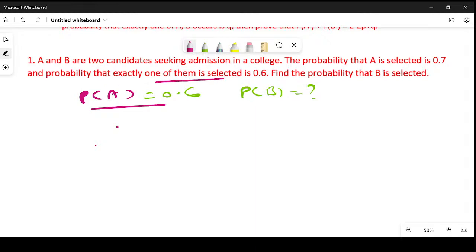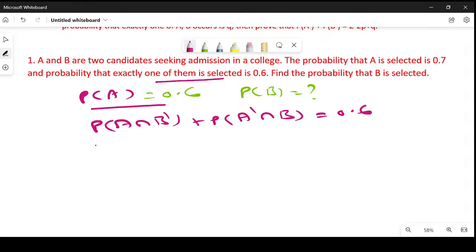Exactly one of them is selected means P of A intersection B dash, because when A is selected B should not be selected, plus P of A complement intersection B, when A is not selected B should be selected, is equal to 0.6. This value is given. Now from this we should find P of B.